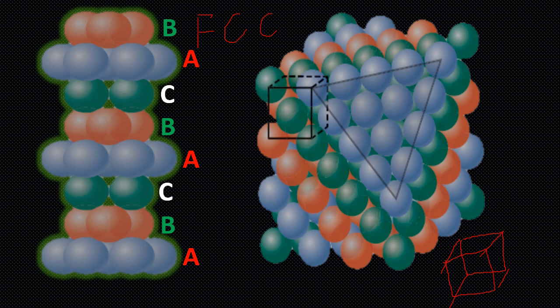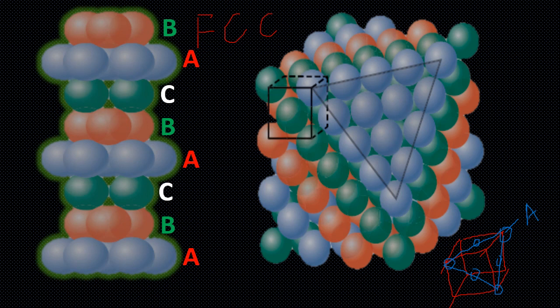For the A plane of atoms, the atoms lie at this corner, then here, on the front face and on this face, and then here. So it forms a triangle like this one. This is called plane A.